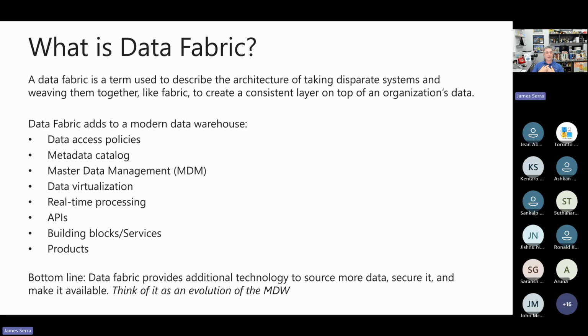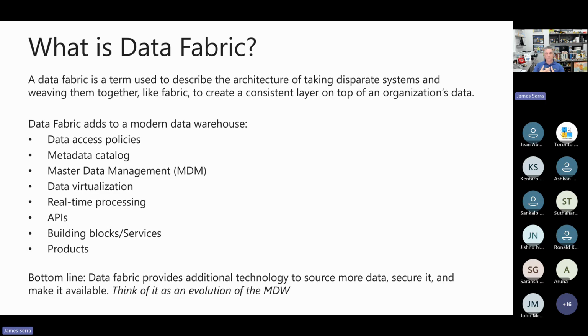I view data fabric as an evolution of the modern data warehouse, where over the past 7, 8 years, we've greatly made available different data sources that are more complex to use, things like JSON format or Parquet format or streaming data. And so a data fabric architecture was created in order to handle these different types of data.